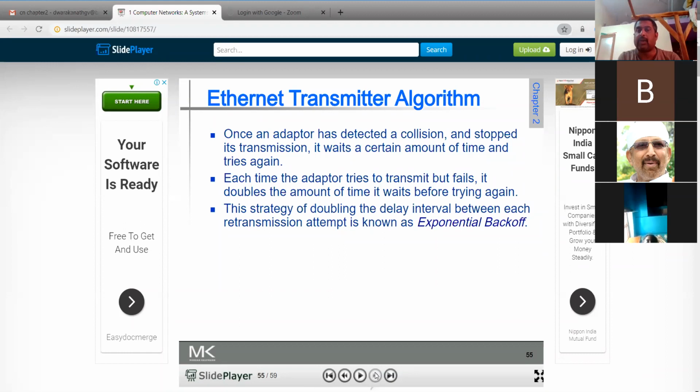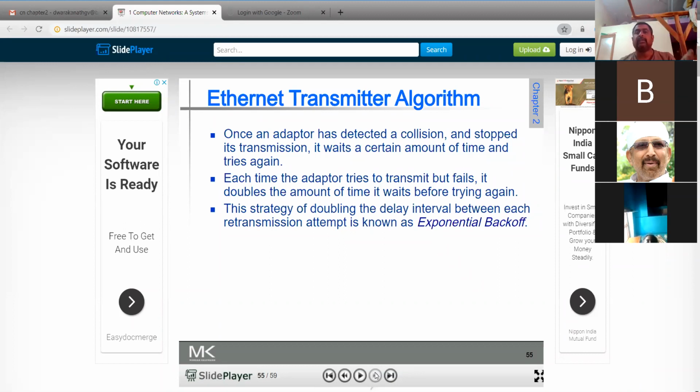Each time the adapter tries to transmit but fails, it doubles the amount of time it waits before trying again. Now assume, this is a very important thing, that the first time the frame collision has occurred, the jamming bits have been sent and it's waiting. The second time, it thinks the link is idle and again sends a frame. Assume a collision occurs now also, then it doubles the time.